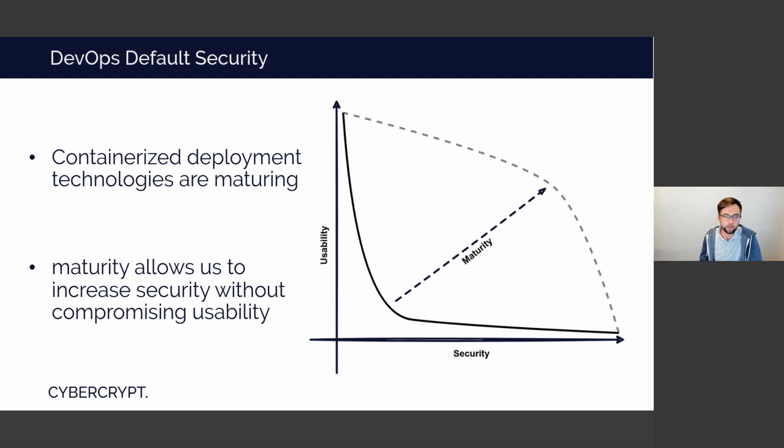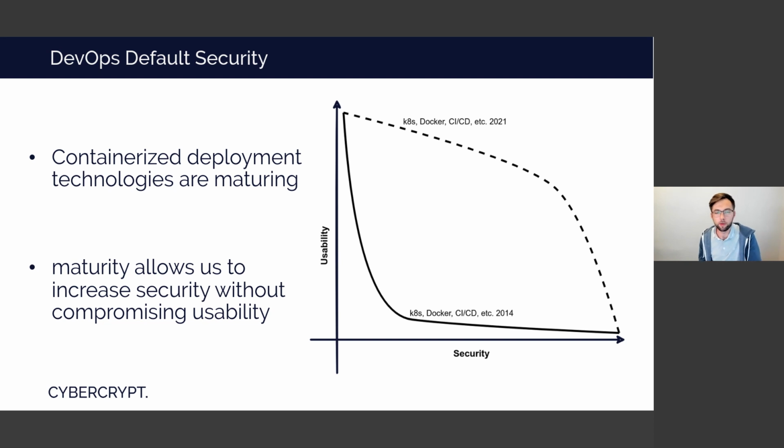What this basically means is that the state of Kubernetes, Docker, and some of these CI/CD pipeline tools is different now than it was before. And I think what I'm trying to communicate is: what is the new era of DevOps? Well, we believe that you cannot spell DevOps without automatically saying DevSecOps.